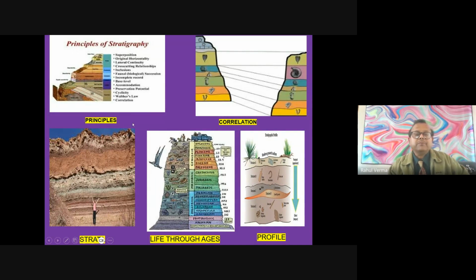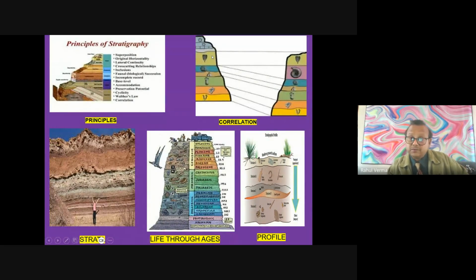Now here I put some pictures. So this is very interesting. This is called correlation. Suppose you got this kind of fossils in a certain part of the world. And if you find the same fossils in a different part of the world, we can correlate that, okay, they were together. They were similar. They had a similar environment.